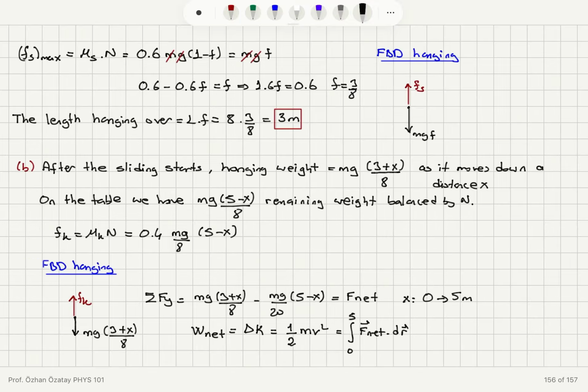So the change in kinetic energy, 1/2 mv squared, is the integral from 0 to 5. Then I will have for the net force mg (3 plus x)/8.